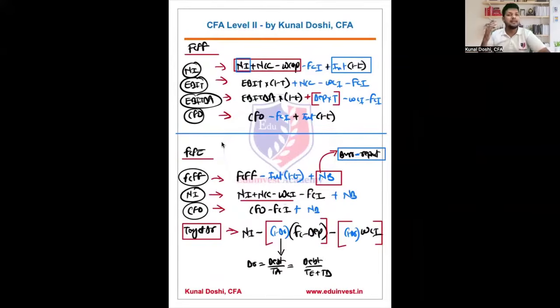Just do this part. Is that clear, everyone? FCFF, FCFE? Check. Just remember the treatment of preferred share is the same as debt, just that there is no interest times 1 minus T. But in the exam, the questions are sometimes slightly time consuming when they want you to predict the future FCFF and FCFE. Otherwise, the questions are not so lengthy. Got it, everyone?